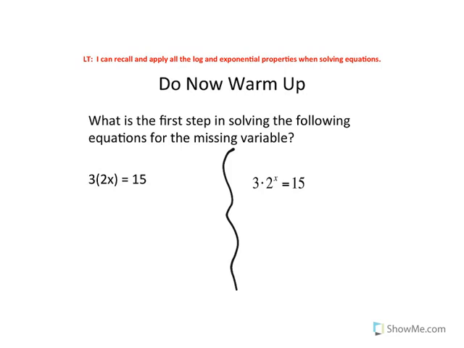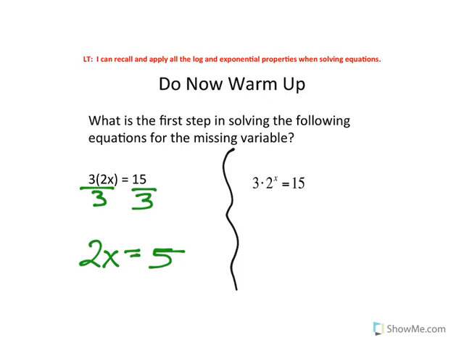Another way that you could go about solving this is to get rid of the coefficient by dividing by 3 at the very beginning. And then you're left with this to finish out. The reason why I'm showing you that is because this is going to be very similar to how we may have to start out solving some equations that are logarithmic and exponential.